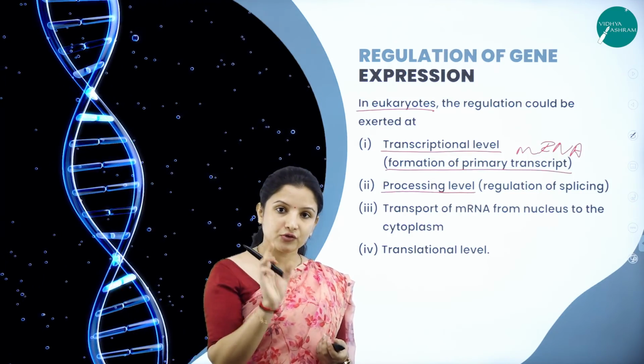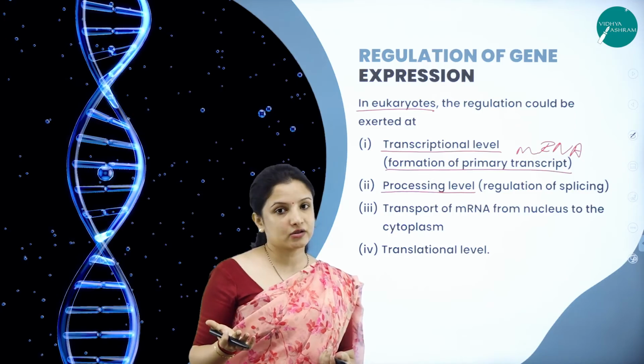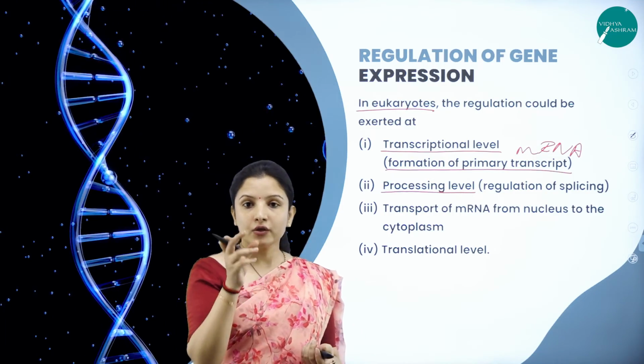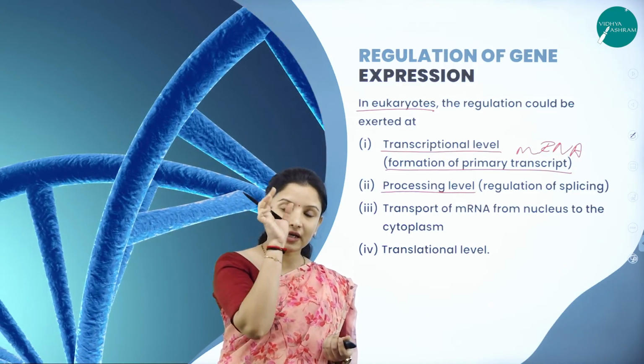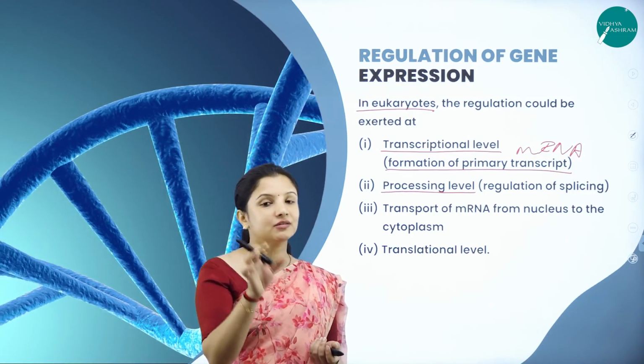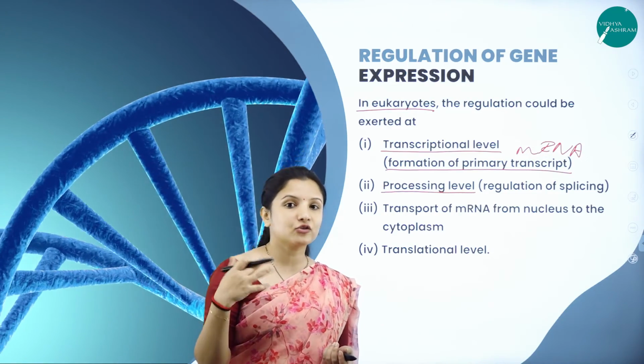But in the case of eukaryotes, we had learned that, if you have forgotten, please go back to the previous sessions and have a look. We had learned that the mRNA strand consists of the exons, which are the coding sequences, and the introns, which are the non-coding sequences. And the introns had to be removed.